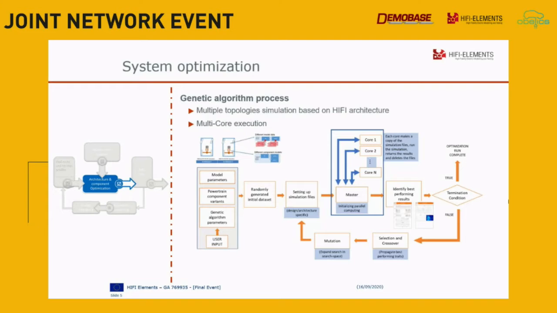In our optimization path, we have used a genetic algorithm. Since we know that this type of optimization takes a lot of time and is really computationally demanding, we have decided to go with a multi-core environment in order to speed up our simulation capability.